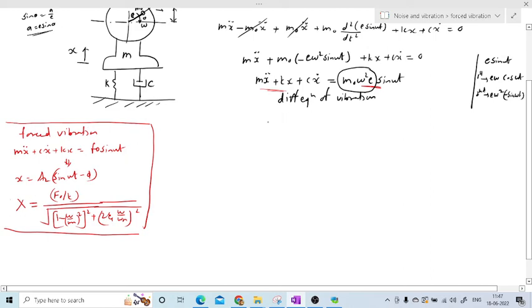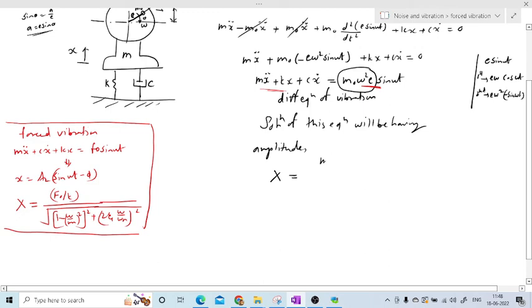So the solution of this equation will have an amplitude. What will be the value of the amplitude? X is equal to, here f naught we have to replace by m naught omega square e.